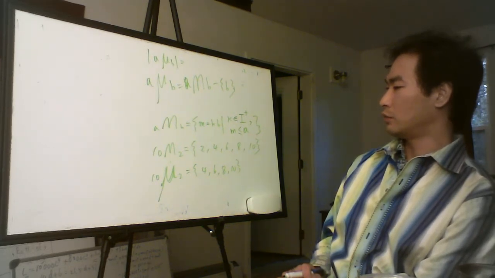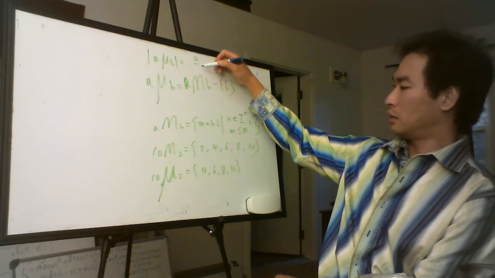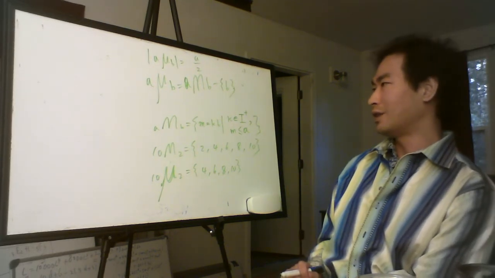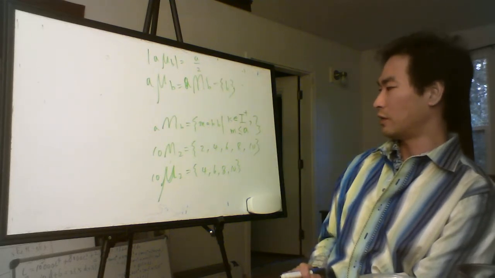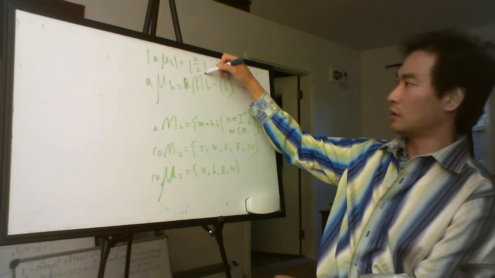Ten divided by 2, right? So what if this is 11? Okay, so a divided by 2, right? And we don't like this ceiling, this floor function notation very much, but just for now, we're going to take it nice and easy today.